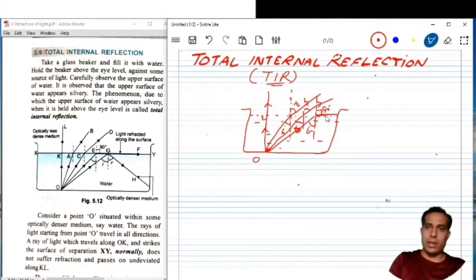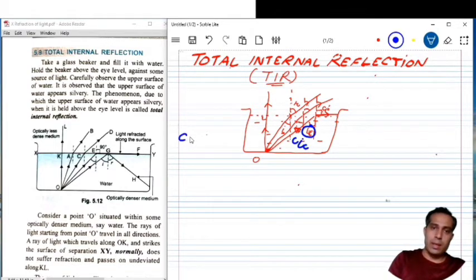In this case, this angle I is actually the angle IC. This is noted sometimes with C also, or with IC. That is called the critical angle.